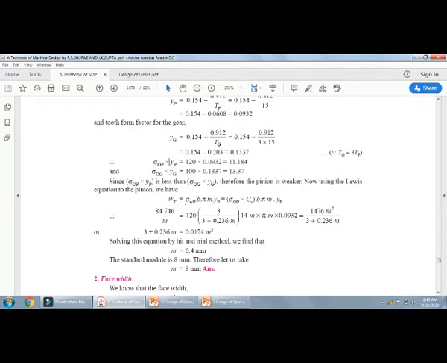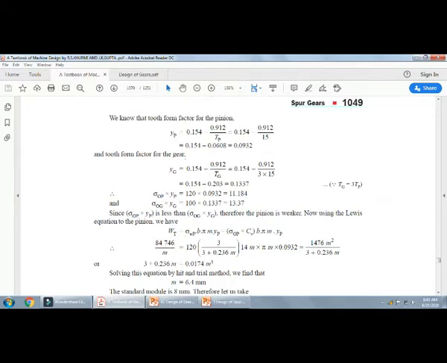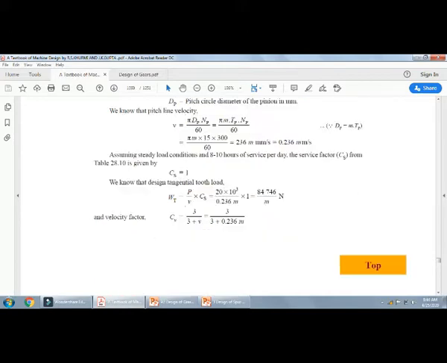So, first yp and yg, the equation is given, then we will put the value of Tp and Tg here, and we will be able to calculate the value of yp and yg, that is the tooth form factor. Cv value is given. So, we may calculate Wt on the basis of P by V into Cv.